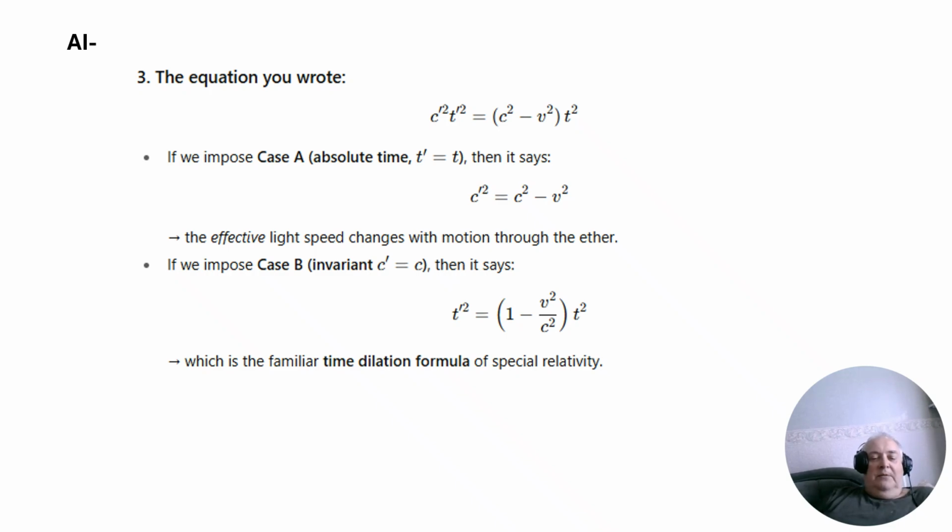If we impose case A, which is absolute time, then the equation becomes c prime squared is equal to c squared minus v squared, and the effect is light speed changes with motion through the ether. And that's the equation it's going by.